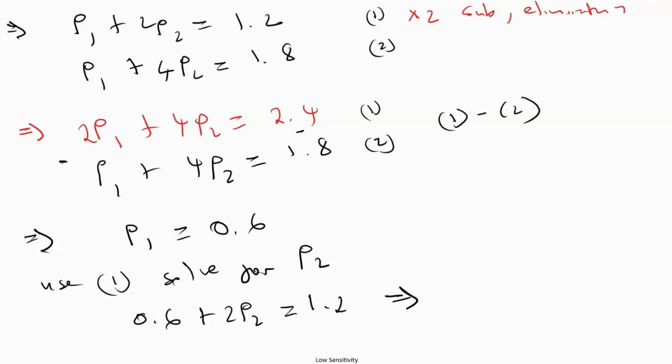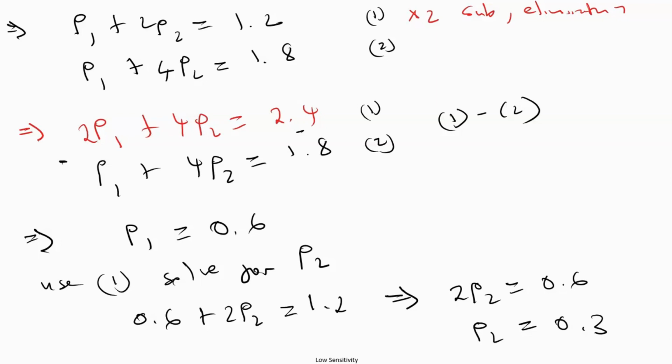Therefore, 2P2 is equal to 0.6, so P2 is equal to 0.3. All right, so we solved for this one.